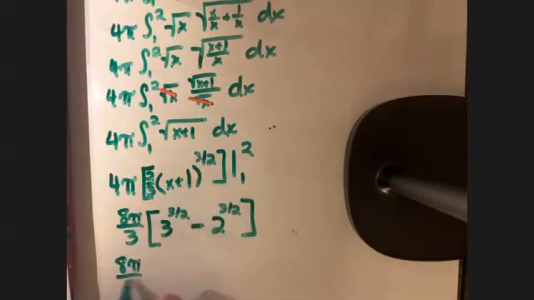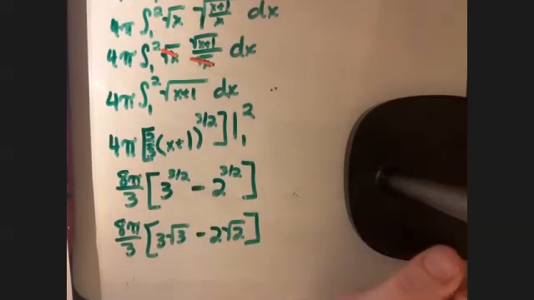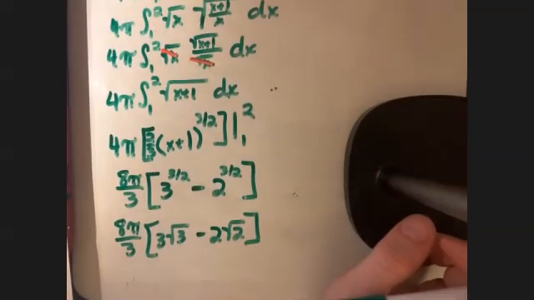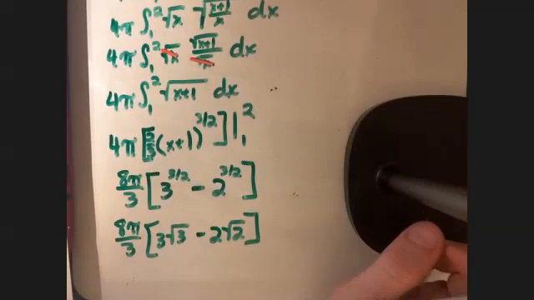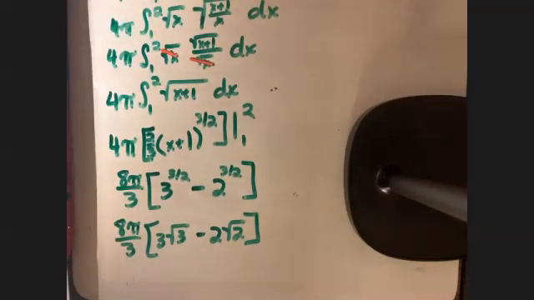So 8 pi over 3, and about the best I could do is maybe write this as 3 square roots of 3 minus 2 square roots of 2. That is about the best that I could hope for with that. It is not a wonderful thing by any means, but it is what it is.